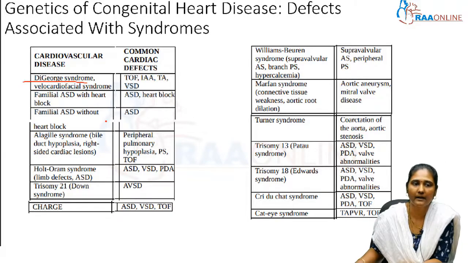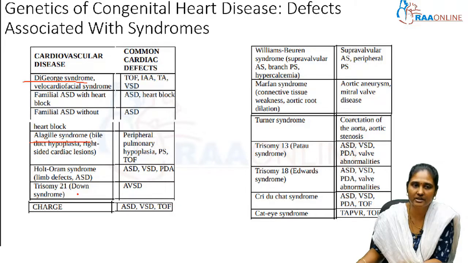Another common syndrome is Alagille syndrome, with bile duct hypoplasia and right-sided cardiac lesions, such as peripheral pulmonary hypoplasia, pulmonary stenosis or tetralogy of Fallot. There is also Holt-Oram syndrome, associated with limb defects, ASD and VSD.